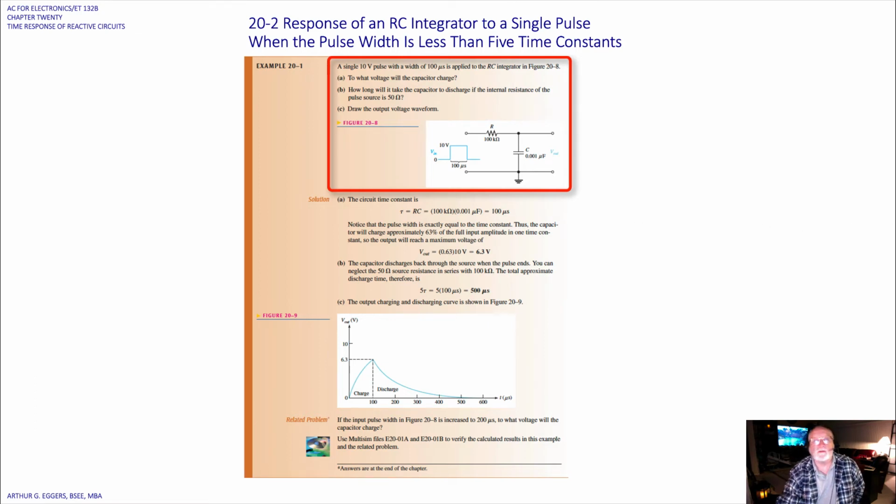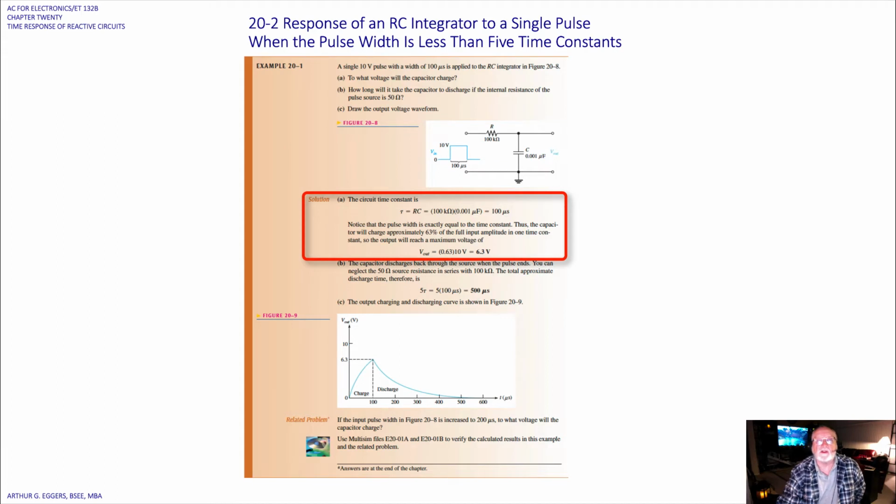So, as we did before in our earlier studies, we need to calculate the time constant. We need to find out what tau is. So the circuit time constant in this case is tau equal to RC. So 100 k ohms times 0.001 microfarad gives us 100 microseconds. So that's tau. Notice that the pulse width is exactly equal to the time constant.